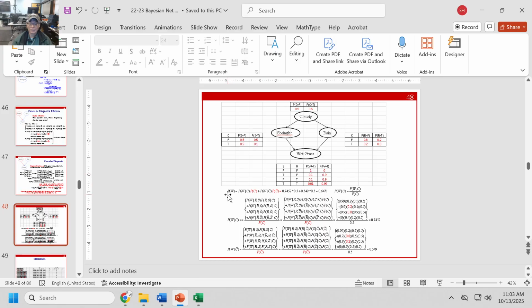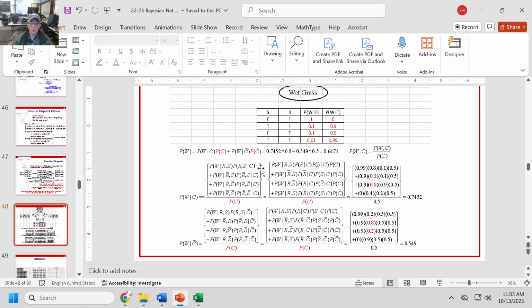And then after that, how to calculate cloudy and ground is wet, versus not cloudy and ground is wet. We need two separate sets of 4 conditions to get these 2 values, times the cloudy, not cloudy, 0.5, 0.5, to get this. So how do we get to that point? Break it down.